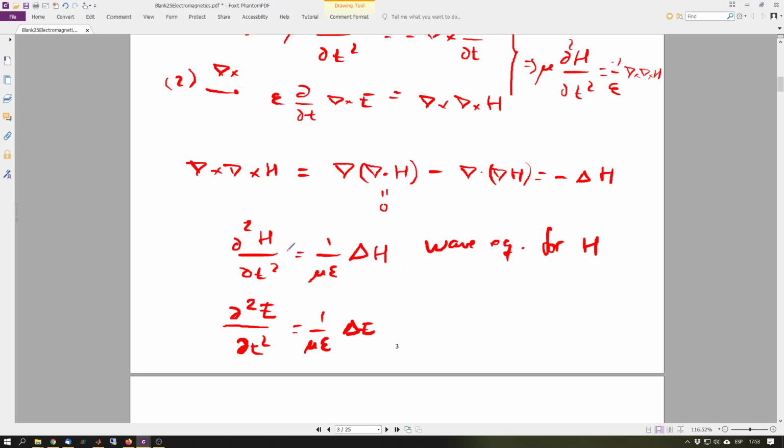If you look in one dimension, what we have is that h in 1D will be of the form of a trigonometric function with this speed.